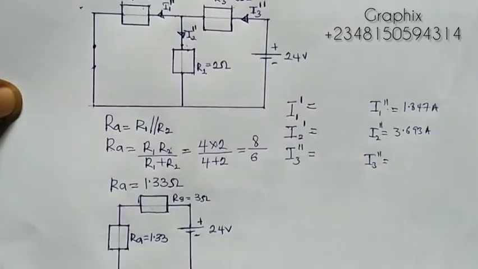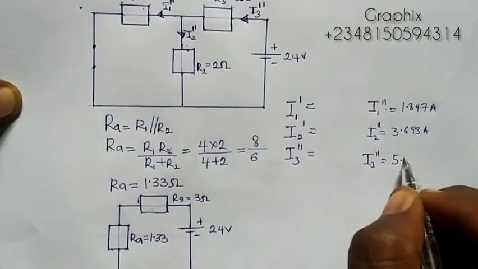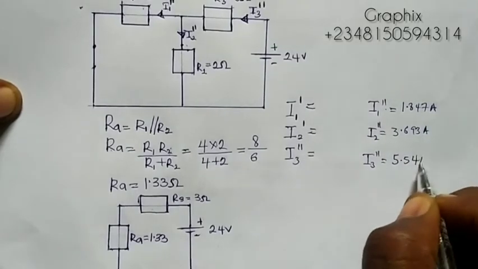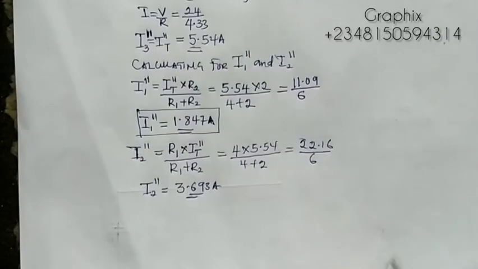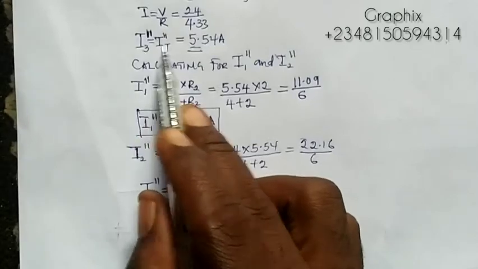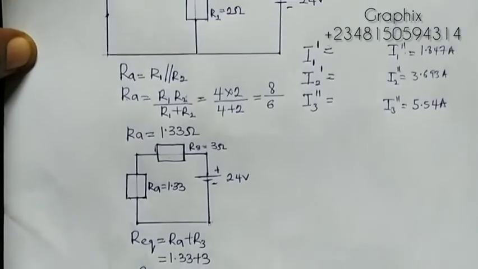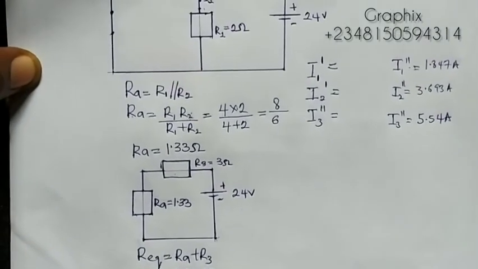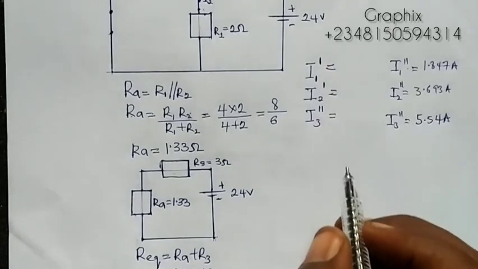So I3, which is the I total, is given to be 5.54 amperes, right? That is the I3. So I3 is just that I total. This is I1 prime here. So move forward.